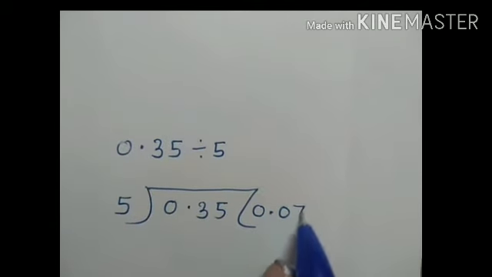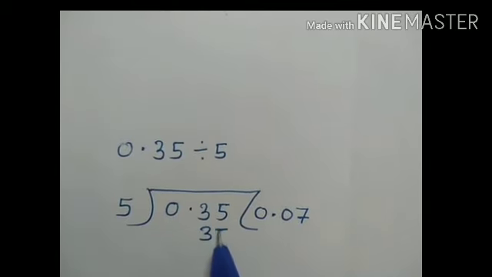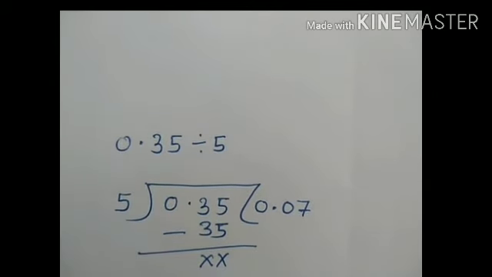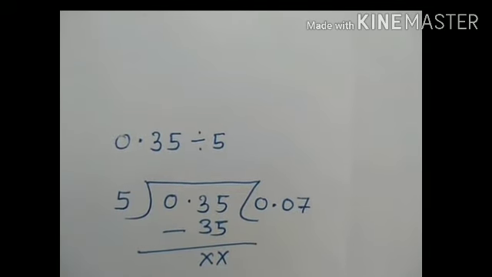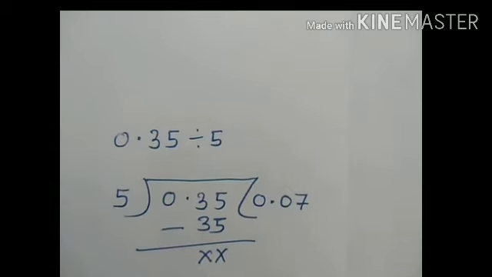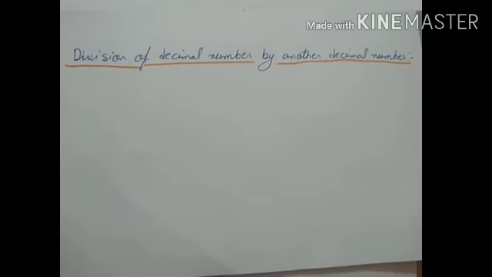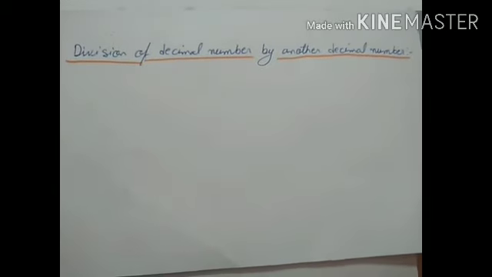So 5 sevens are 35, so it is 35. Okay, now cancel both the numbers, so the answer is 0.07.